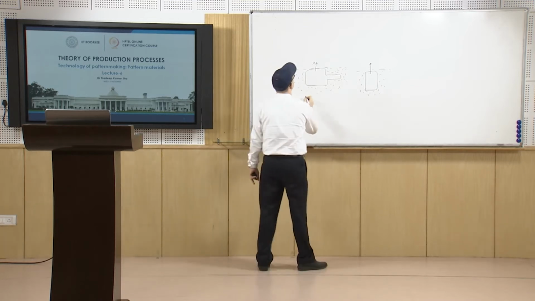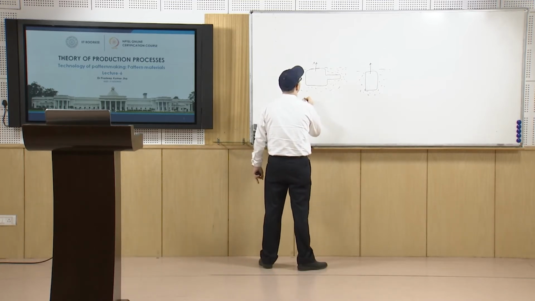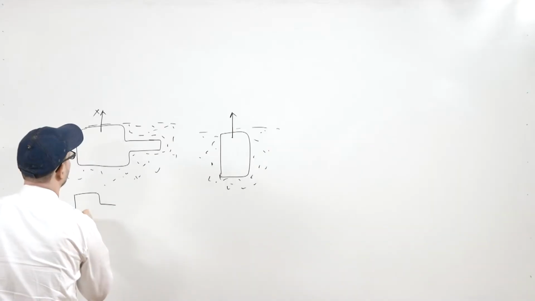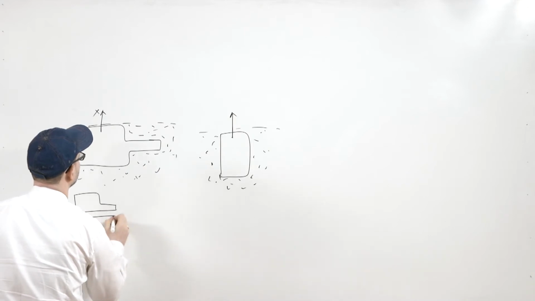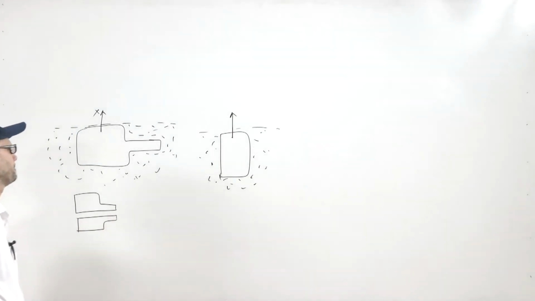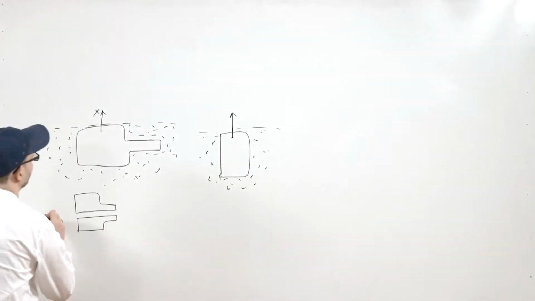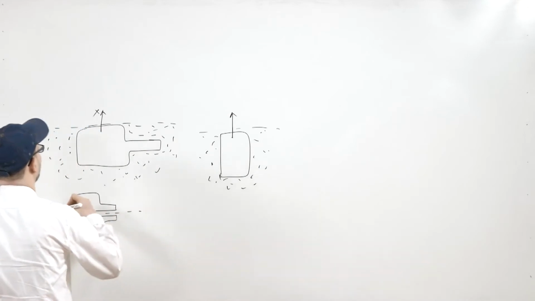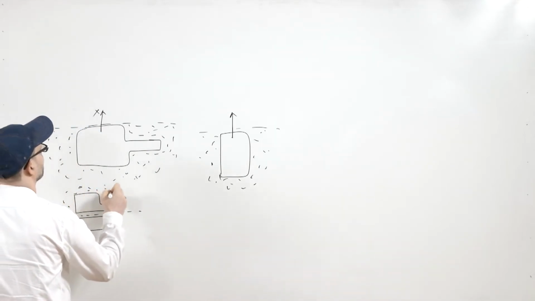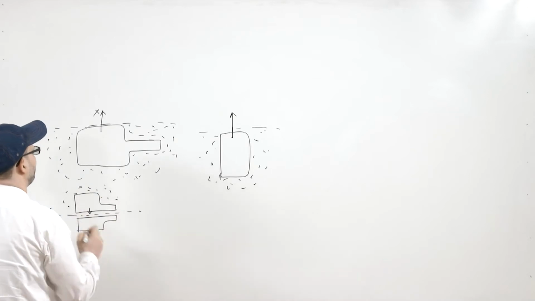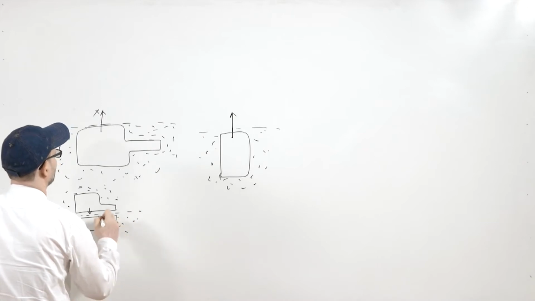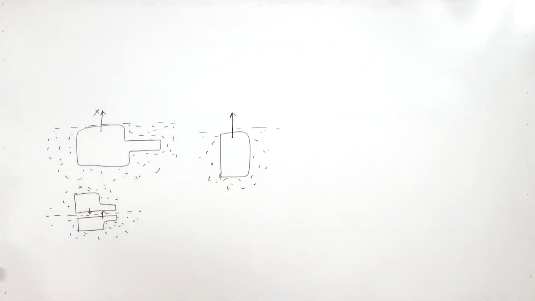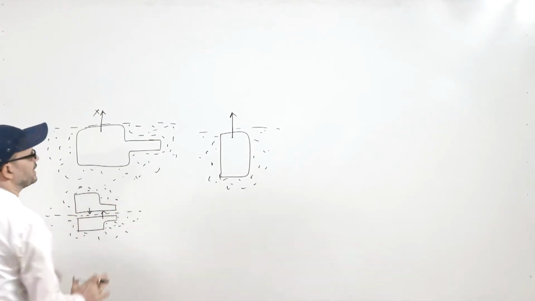So, for that, what you have to do may be to make it in two halves. So, another half will be again here, like that. So, one will be made by ramming in this portion and taking it out in this way, another will be rammed in this portion and taken out in this way, and then the two cavities are joined.